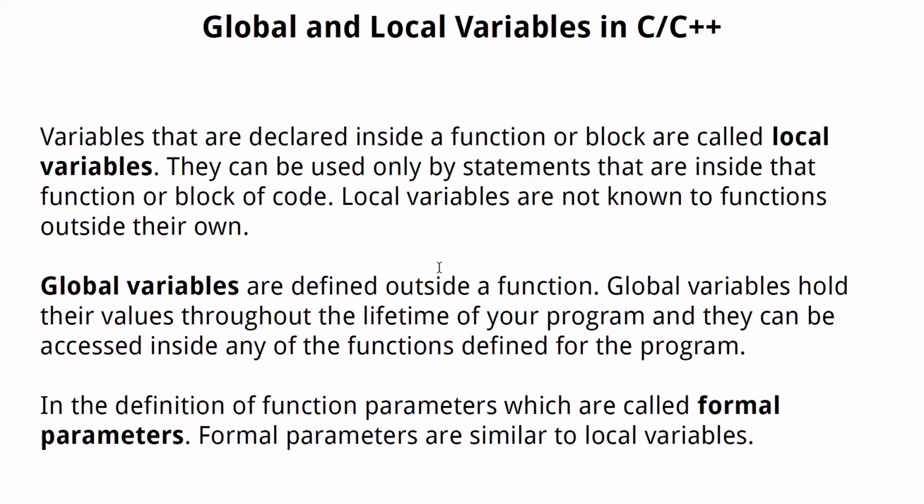Global variables are defined outside a function. They're not in any function. Global variables hold their value throughout the lifetime of the program, and they can be accessed by any function in the program. The function parameters are actually called the formal parameters. Formal parameters are similar to local variables. They are actually local variables.